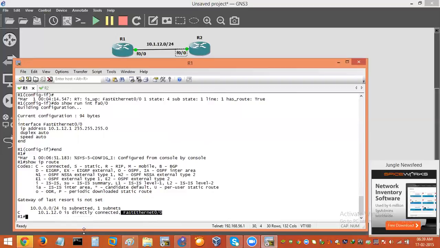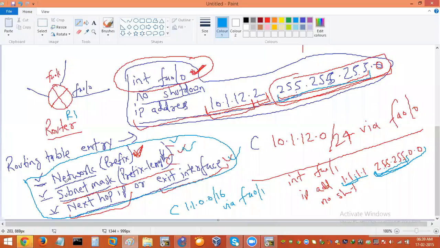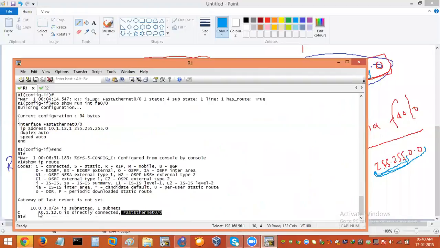Three things, guys. Again, if you check this, I told you network, which is prefix, subnet mask, which is prefix length, and the next hop IP or the exit interface. So do we have the same three information? We have network information 10.1.12.0, we have the subnet mask, which is /24, and we have the exit interface information.